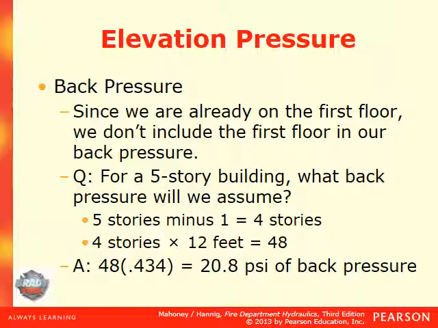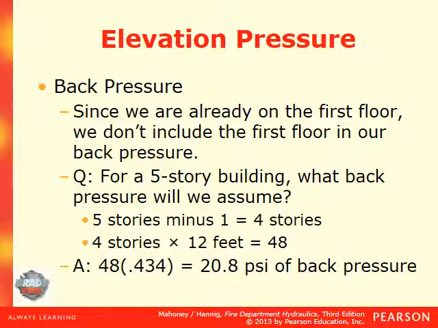All right, so some things to keep in mind. Since we are already on the first floor, you do not include the first floor in figuring your back pressure. So, for a 5-story building, what back pressure will be assumed? We go 5 stories minus 1, because we're on that one, so that's 4 stories high. For every story, you're assuming 12 feet.